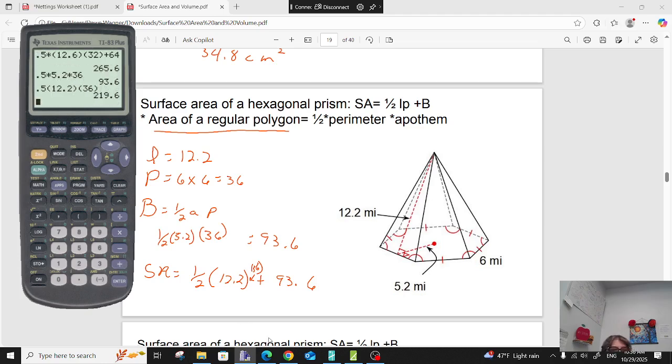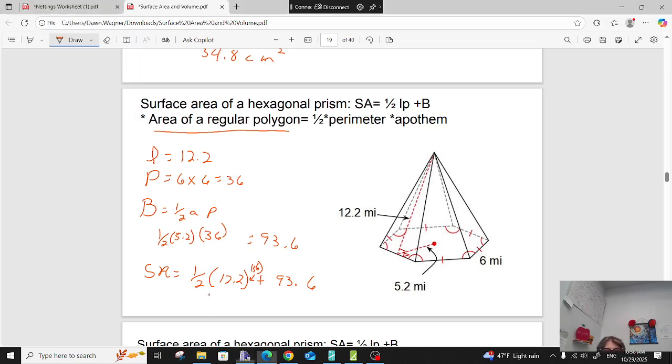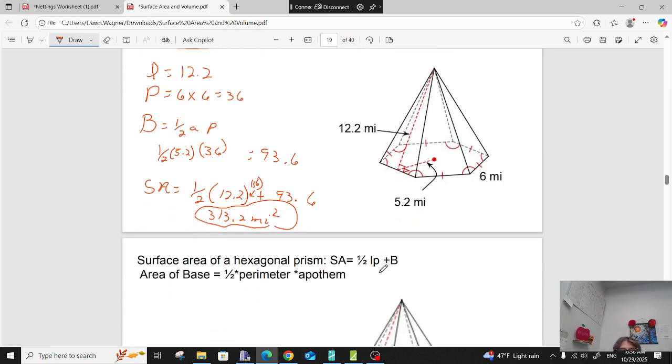Oh, I forgot to add the 93.6. That is 313.2. 313.2 miles. Geez, that's a lot of miles squared. I don't know what would be miles that big. Holy cow, that'd be huge.